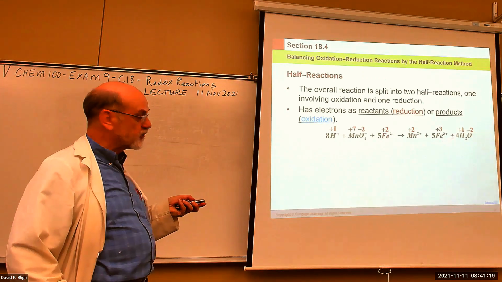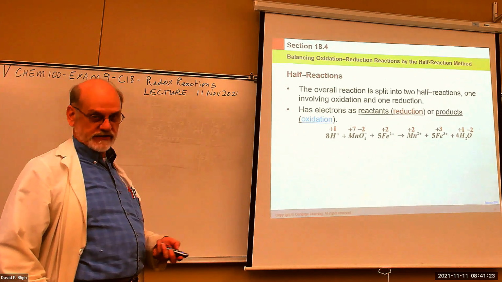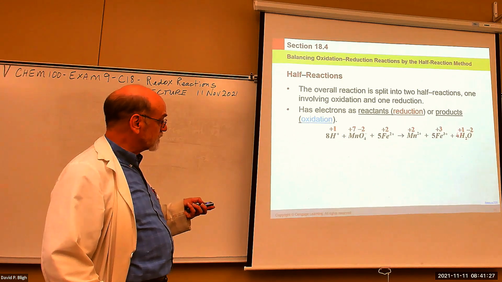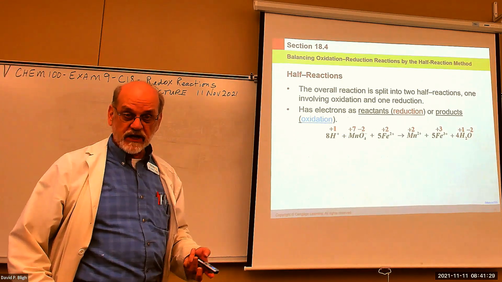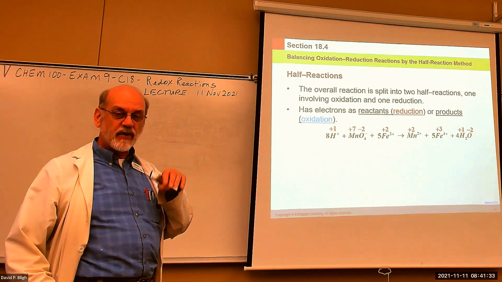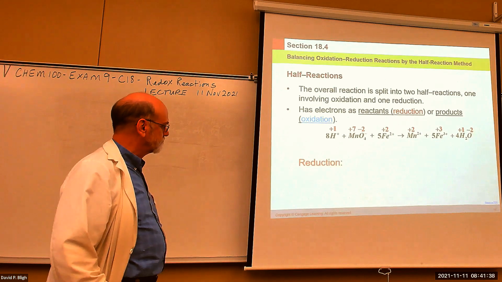Iron goes from +2 to +3. It lost electrons. It was oxidized. Hydrogen didn't change. Oxygen didn't change. They're part of the reaction, but they're not part of the oxidation reduction. Okay?